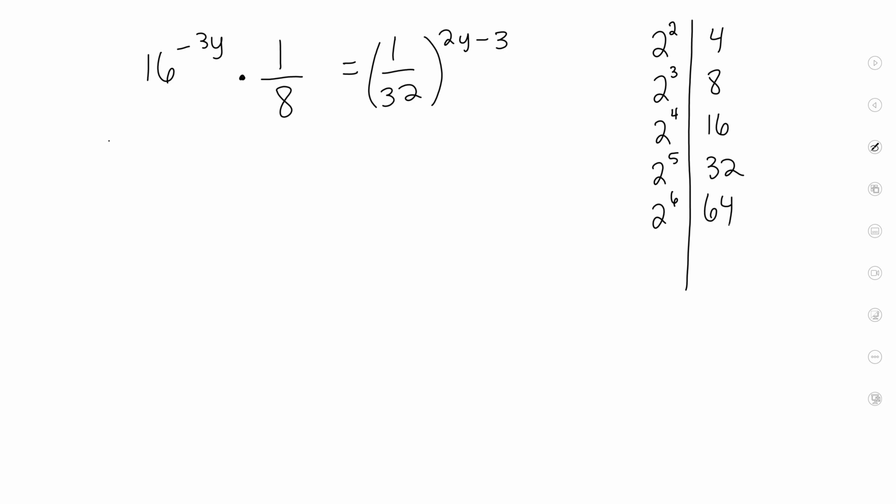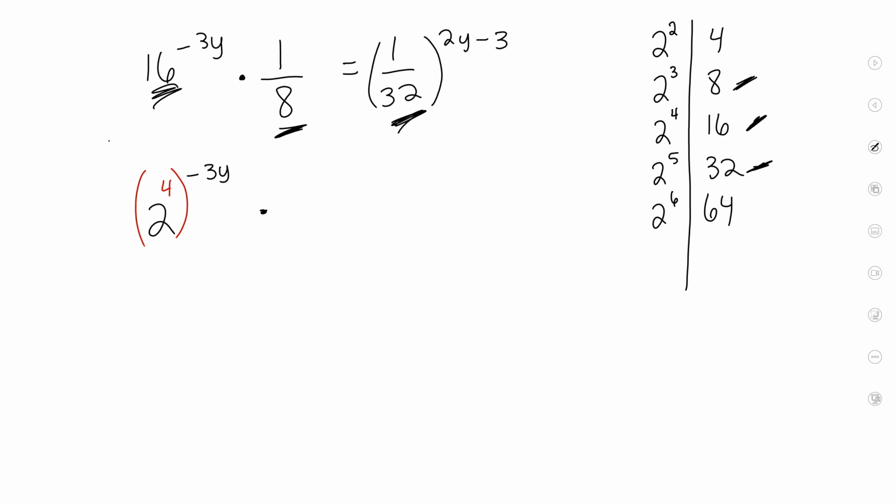Okay, so notice I get 16, 8, and 32 right here, here, and here by doing different powers of 2, or base 2 with different powers. Okay, so let's rewrite these as base 2. So to rewrite the 16, I need 2. The exponent stays the same. What do I need to raise the 2 to get 16? 4. So I'm going to put a 4 right there. Okay, so we rewrote the 16. Now it's base 2. I'll just put that in parentheses.